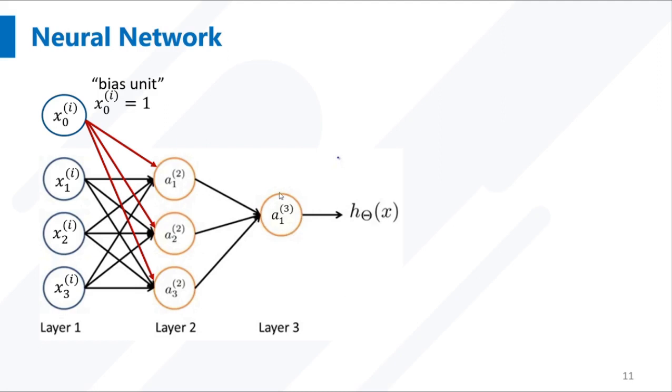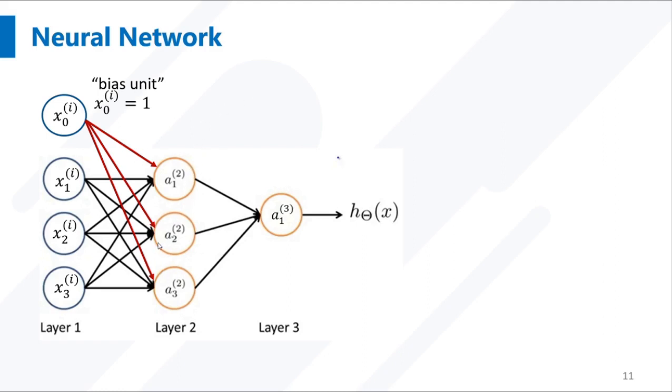And again there is an activation unit, a1 of layer 3. This is nothing but the hypothesis, the output of the hypothesis. So this is our X, and this is our hypothesis. These hypotheses will be compared with the given y values, and then we have to calculate back the thetas. Today we will just describe the network, not the learning process. How the network will learn will be discussed in the second part.